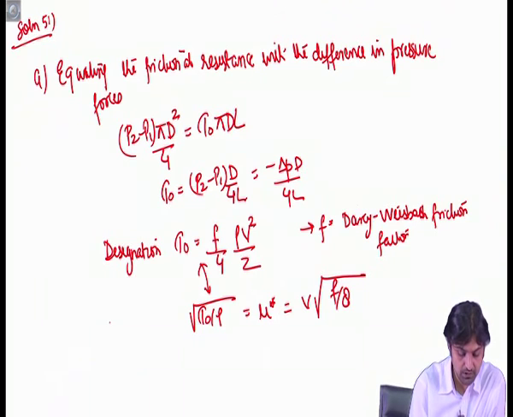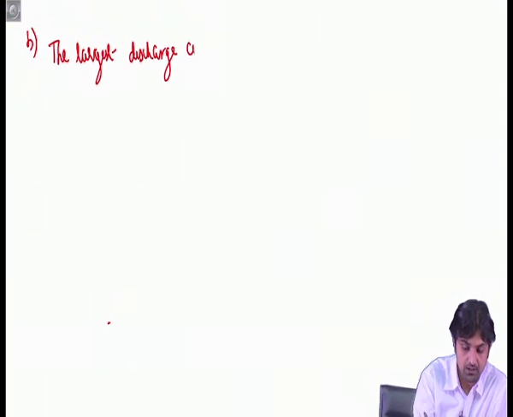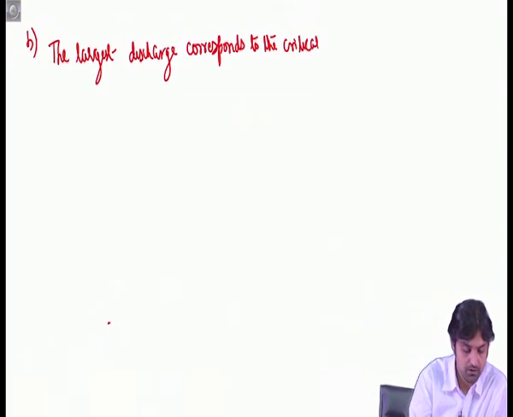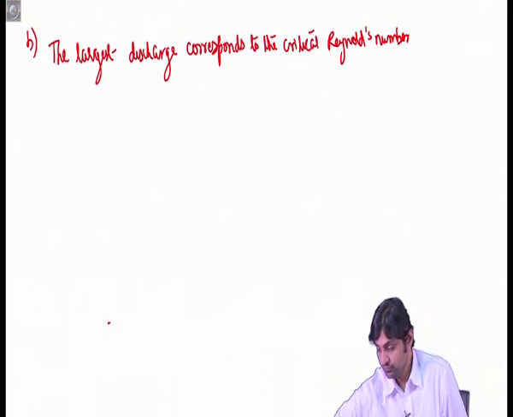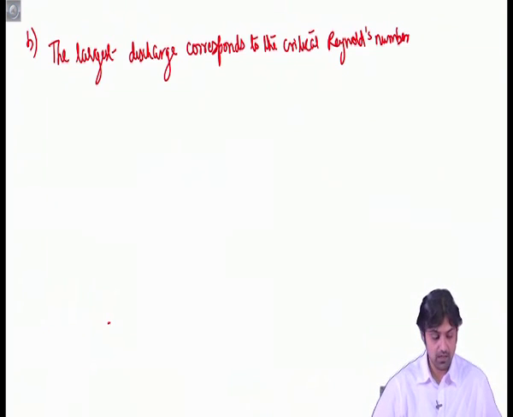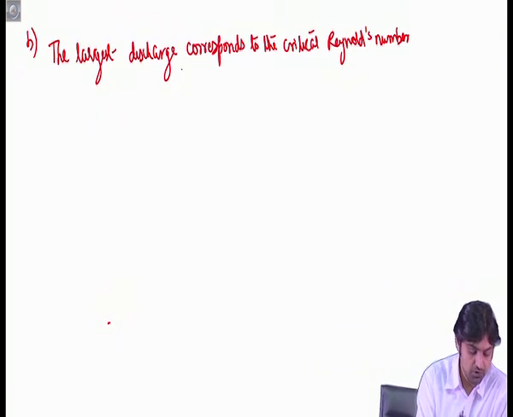Now starting with the second part, part B. The largest discharge corresponds to the critical Reynolds number, which for the largest laminar flow can be maximum 2000.